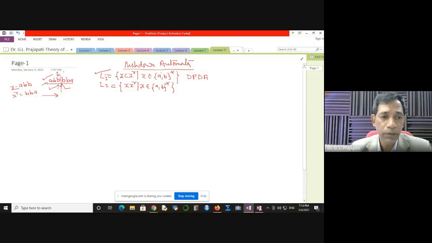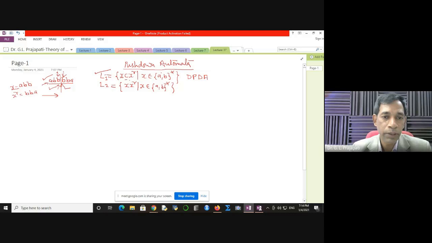It may go on reading the input B. How does the PDA come to know that this is the first symbol of the next half, so that it should not consume it and can transit the state? Just like we have seen in the case where you have the marker C, you know that we don't require to save the C onto the stack, you just read it and transit the state.